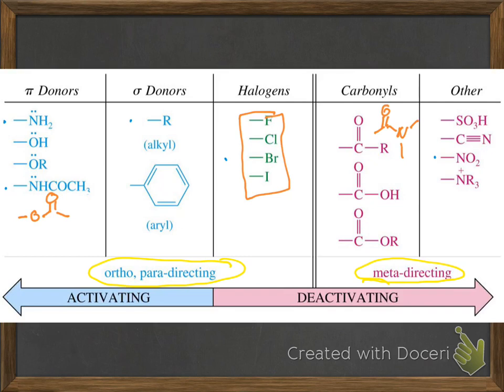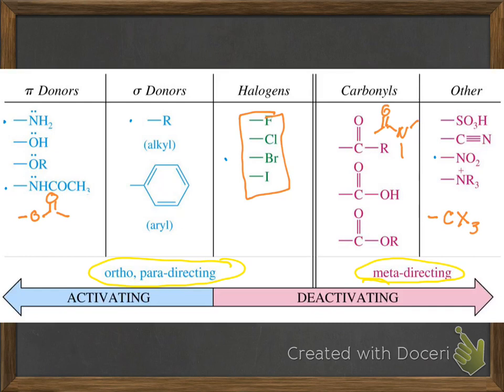Now, this is not a limiting list, and I should have brought this up in the last video, of these sorts of groups. For example, if you go back and rewatch my conjugation and electron donation, electron withdrawal video again, you'll remember that this CX3, where X is one of the halogens, is very electron withdrawing. Therefore, it is a deactivator and a meta-director.